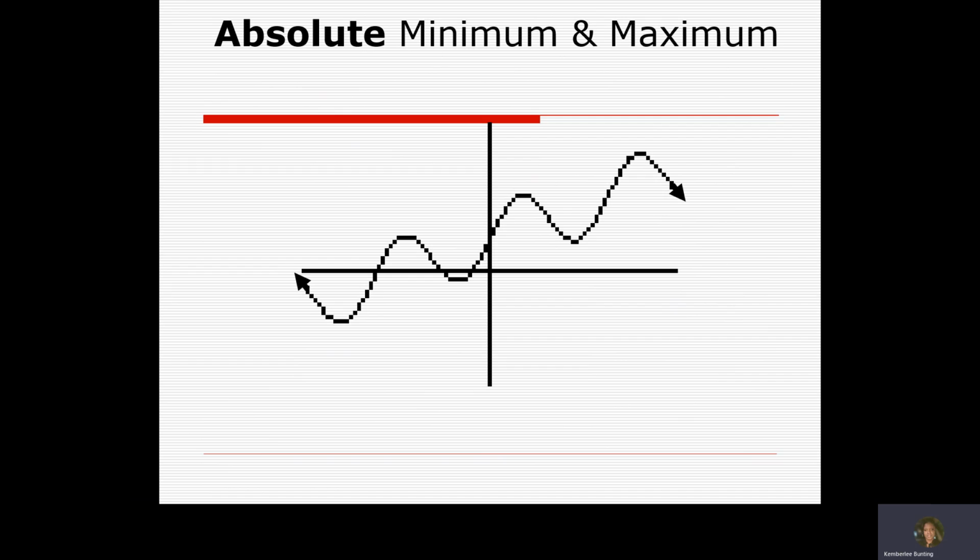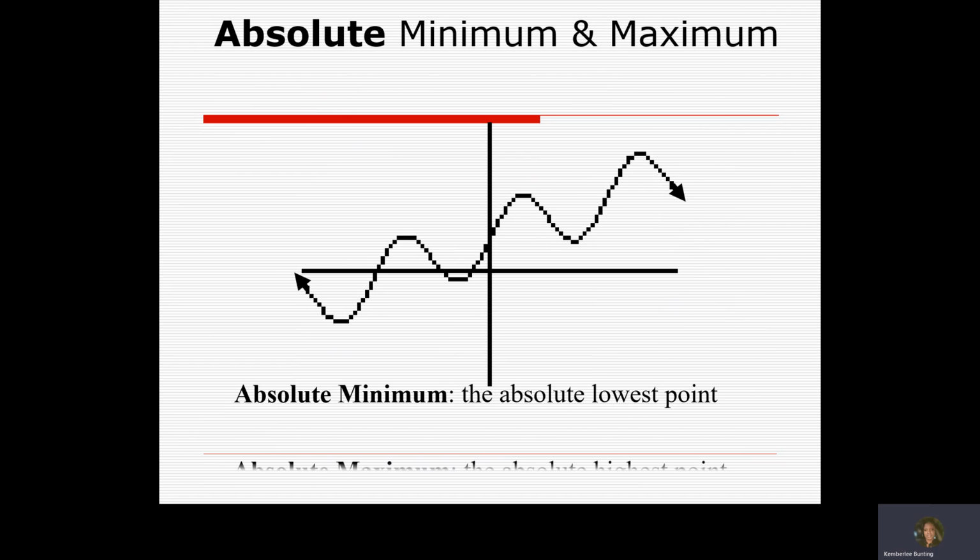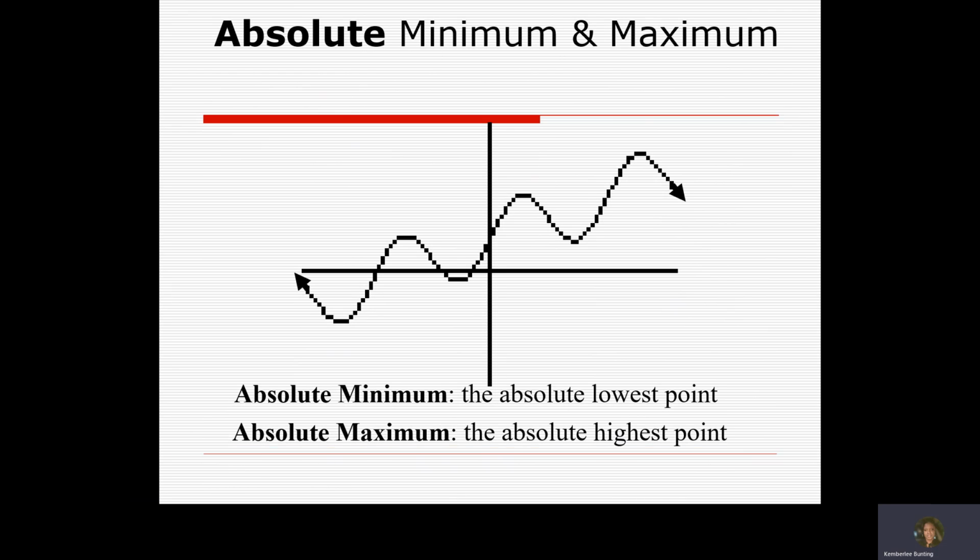And thus is the same for the absolute maximum value. The absolute maximum value will be the highest point, and there will be nothing above it. Does that make sense? Okay, so the text states an absolute minimum value is the absolute lowest point. Nothing lower. Okay, and the absolute maximum value is the absolute highest point. Okay, nothing higher.